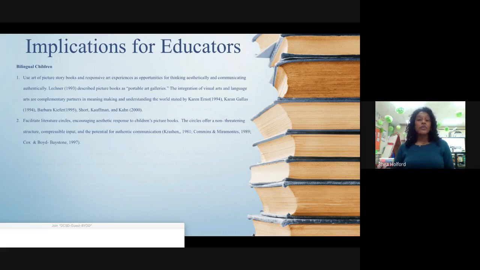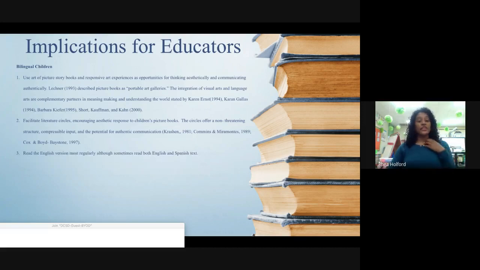The integration of visual arts and language arts are complementary partners in meaning making and understanding the world, stated by Karen, Ernst, Gallas, Kiefer, Hoffman, and Kahn. Facilitate literature circles, encouraging aesthetic response to children's picture books. The circles offer a non-threatening structure, comprehensible input, and the potential for authentic communication.